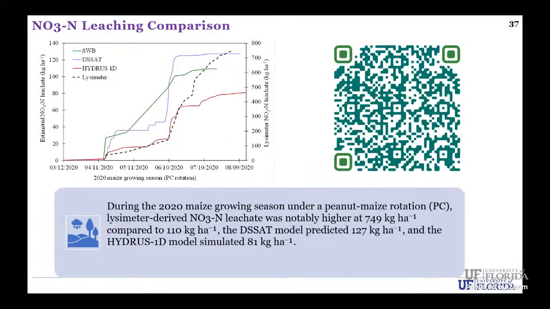Okay. And this is based upon the drainage volumes and the concentration values that we receive from lab testing of that volume of water. Look at this, the estimated nitrate leachate in kilogram per hectare from the model, and this is from the lysimeter. So lysimeter values are about 700 kilogram per hectare from the period of March 2020 till August 2020.